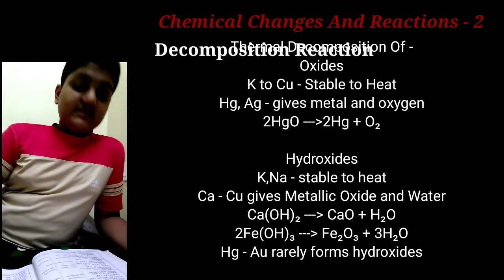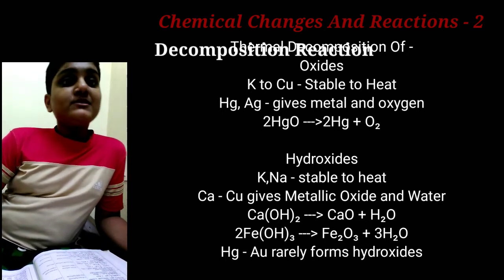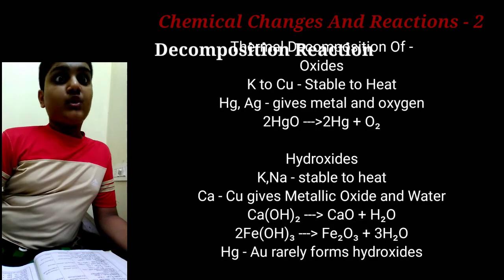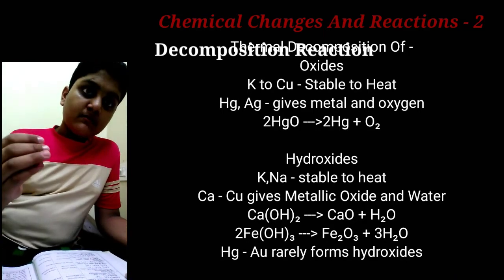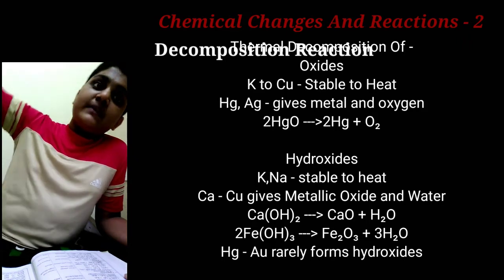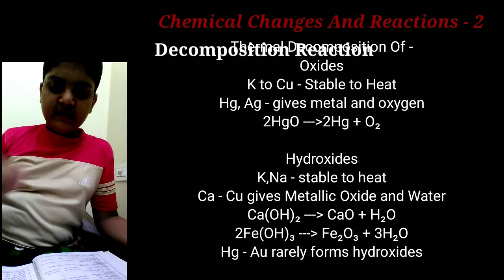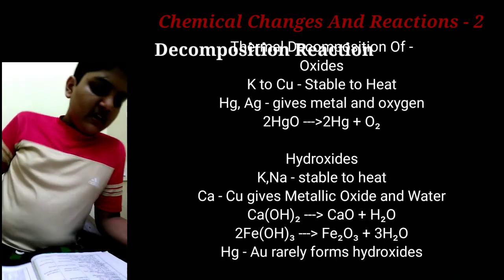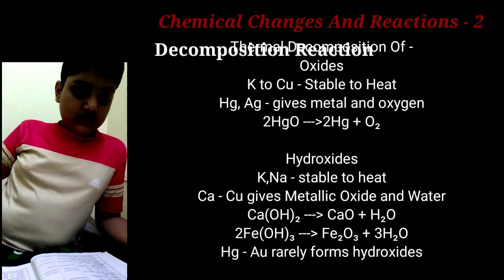Next is hydroxides. Same case, but here potassium and sodium only are stable to heat. After that, if you take the activity series from calcium to copper, that is calcium, magnesium, aluminium, zinc, iron, lead, copper, and take their hydroxide, you will get metallic oxide and water.